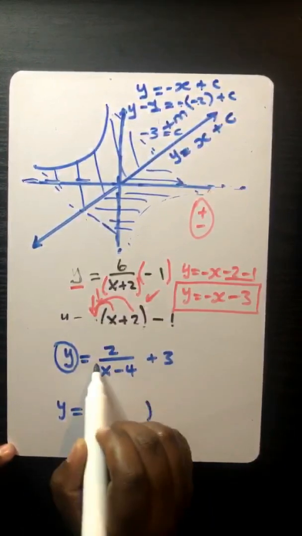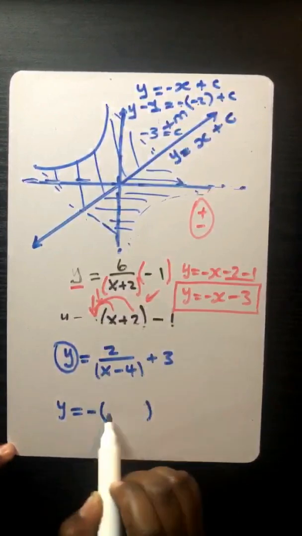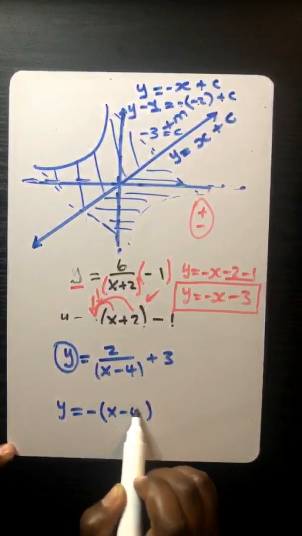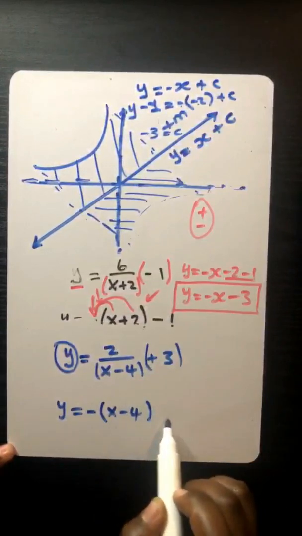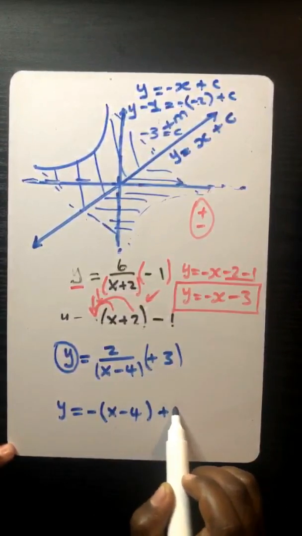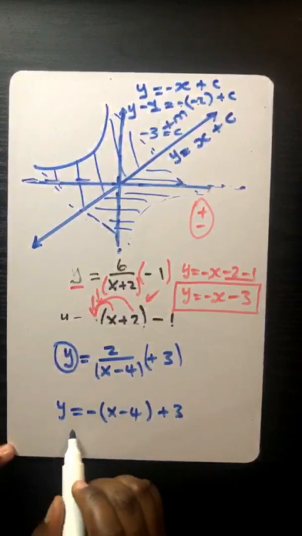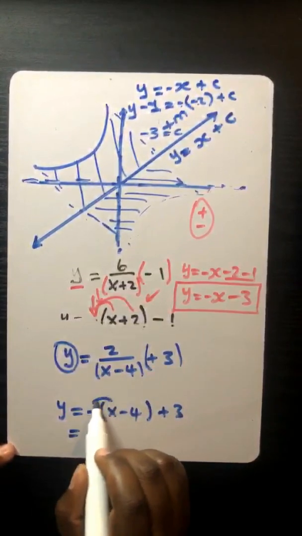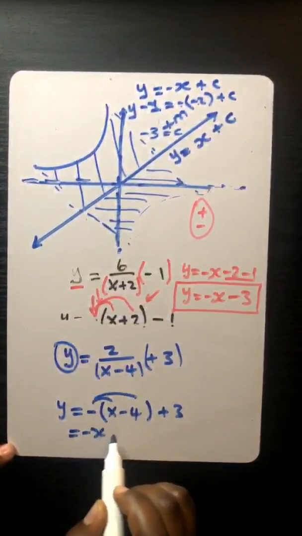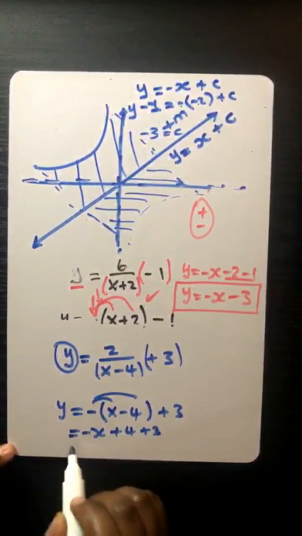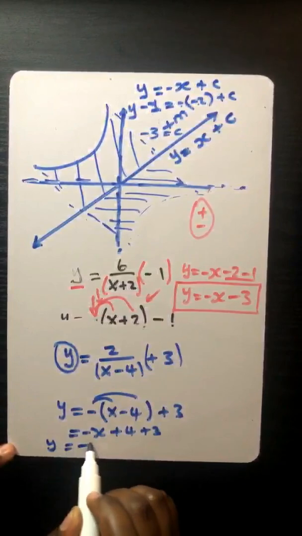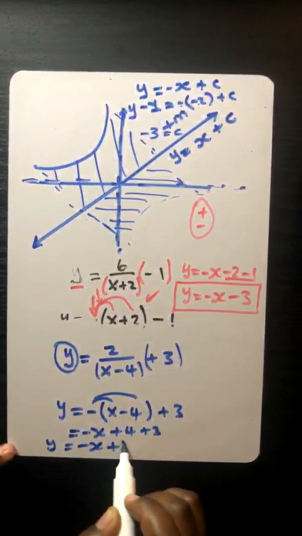Then inside the brackets, you just take it as it is, which is x minus 4. And then you just take it as it is, which is plus 3 over there. Then you just solve that by that, that by that. You have negative x, positive 4, and then you still have plus 3 there. Then it ends up being y equals negative x plus 7.